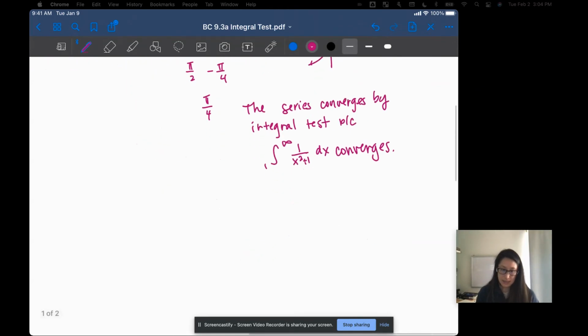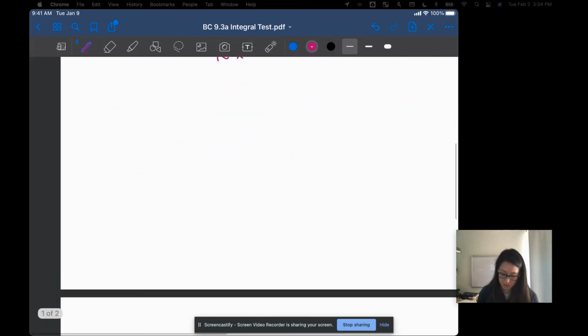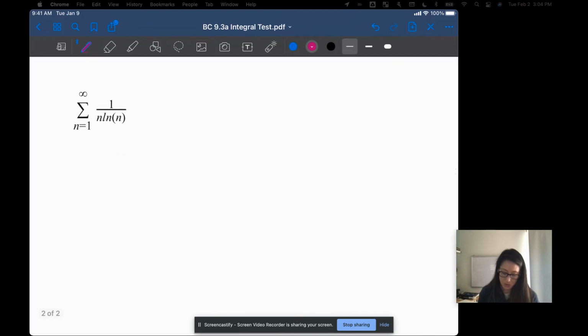All right, last example for the integral test, and then we'll look at another test after this. There are so many. All right, so we're going to look at the series, the sum from n equals 1 to infinity of 1 over n ln of n. So my function that I'm going to evaluate is 1 over x ln of x, and we're going to check to see if f of x is continuous, positive, and decreasing.